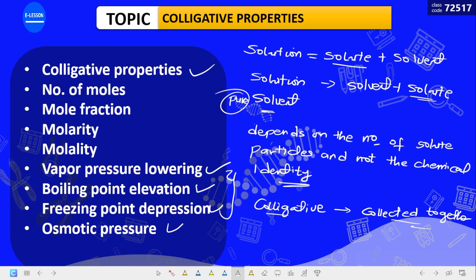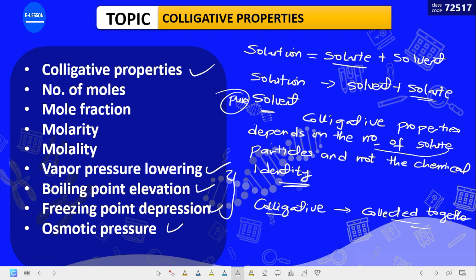So all those properties that depend on the number of solute particles and not the chemical identity are known as colligative properties. When you talk about the number of solute particles, it's a concentration term. The more the number of solute particles, the higher the concentration. And the lower the number of solute particles, the lower the concentration of that solution.